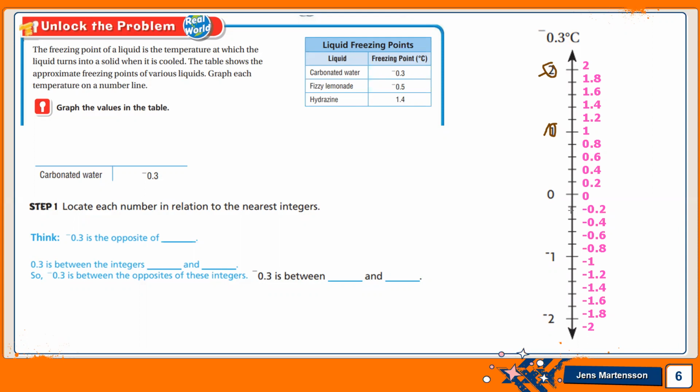Here is negative 0.4. So it will be between them. So this line here represents negative 0.3.